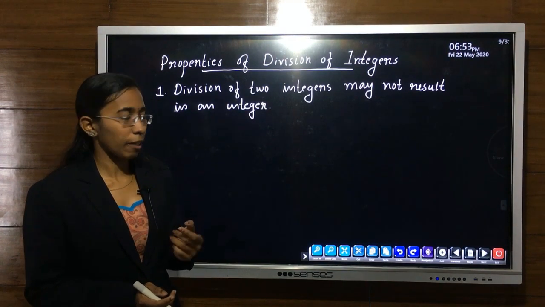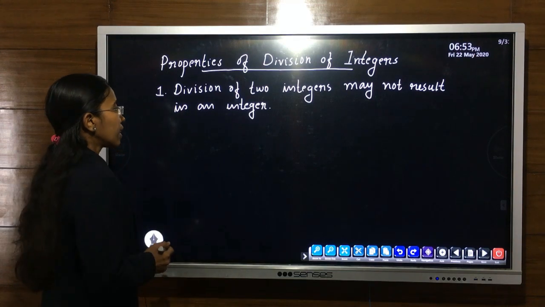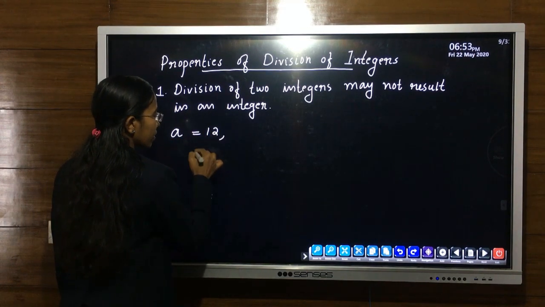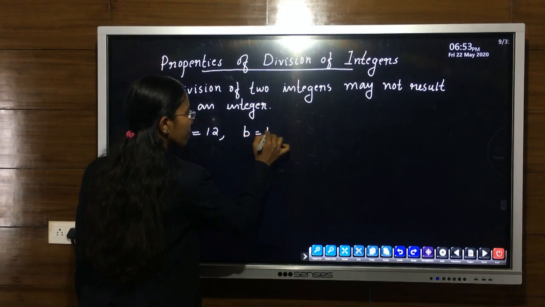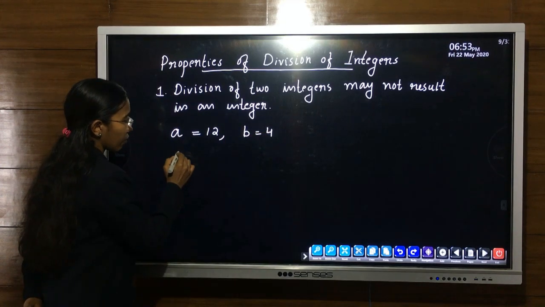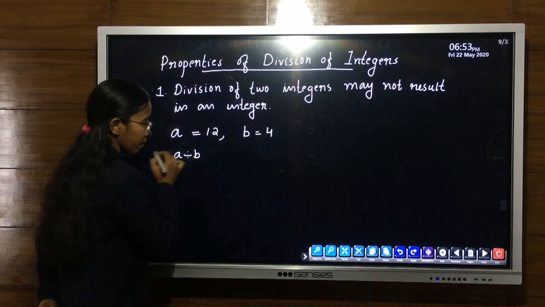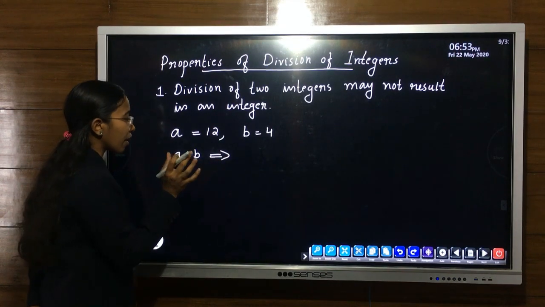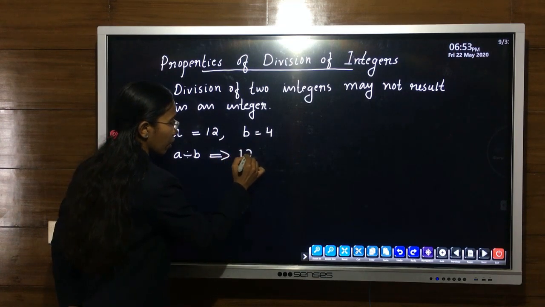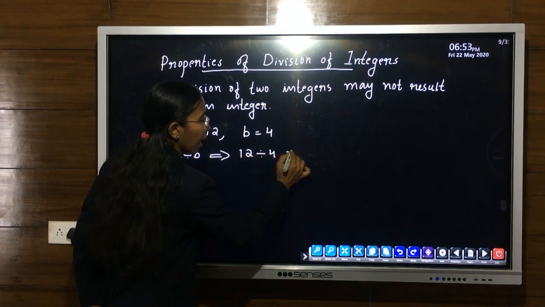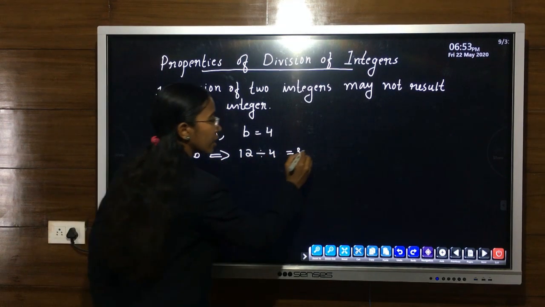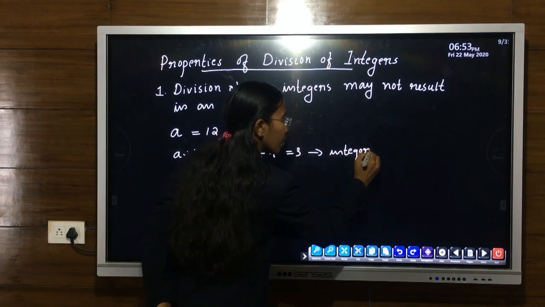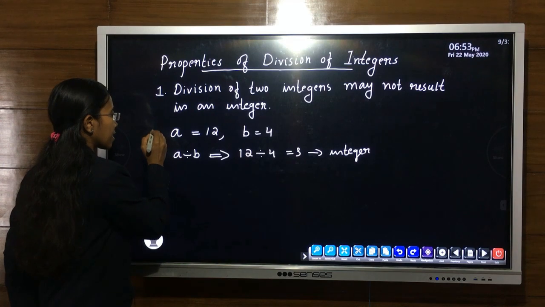That is the closure property. Here also, suppose we take a equal to 12 and b equal to 4. And check what a divided by b is. A divided by b implies substitute the values in place of a and b: 12 divided by 4, answer is 3. Actually, this is an integer only. This is our first example.